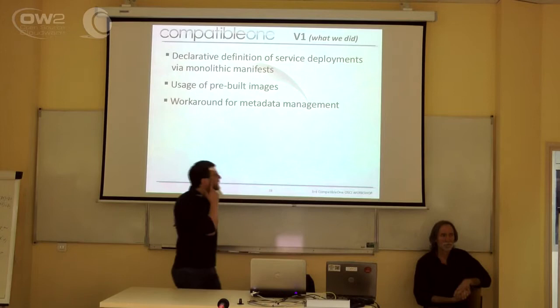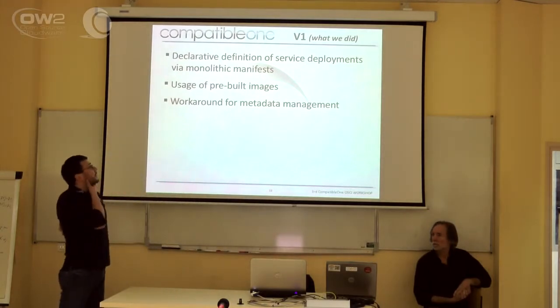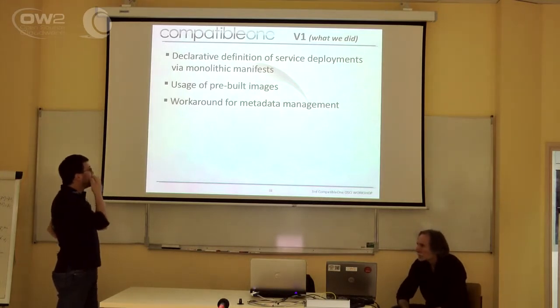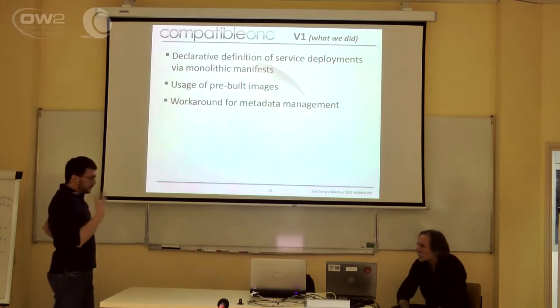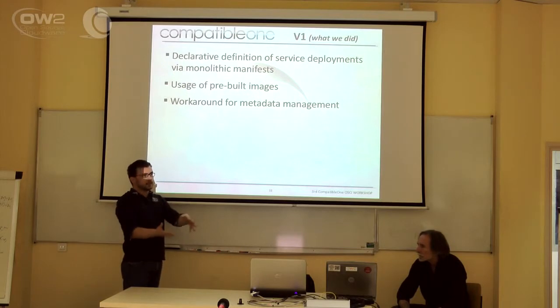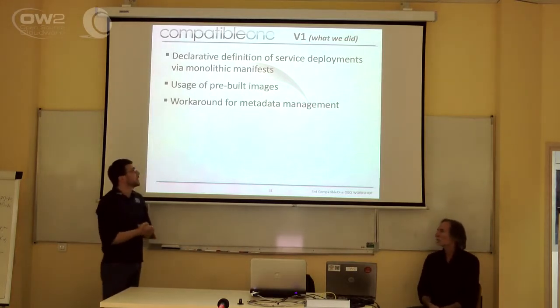With version 1 of the proof of concept, we used version 1 of the platform to do basically the same thing: deploy XWiki and the database storage, and provide this deployment so that end users can use it.